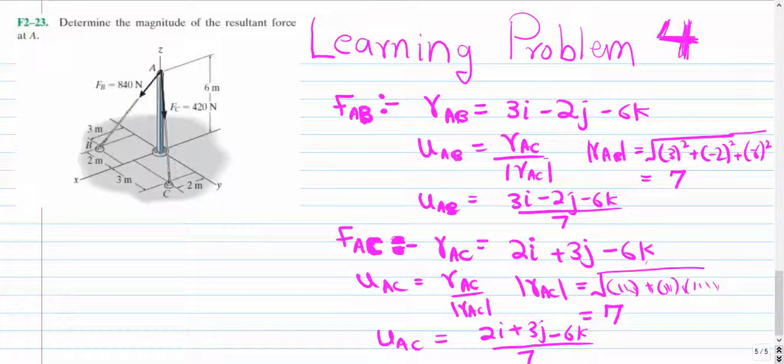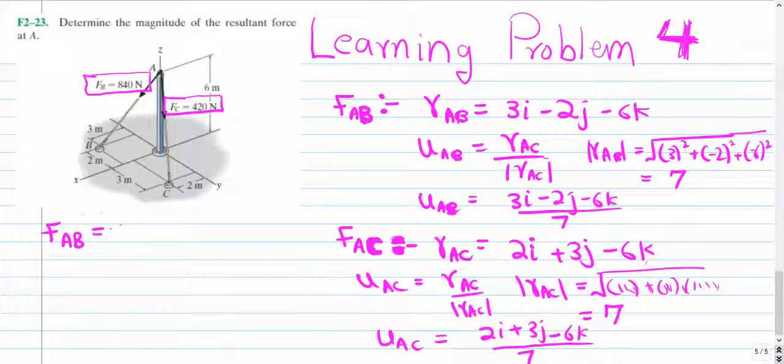Now that we have unit vectors for both FAB and FAC, we can move to finding the force vectors themselves by just multiplying the unit vectors by the magnitude of the force. And you will notice the question has provided us with the magnitudes of those forces. FAB is 840 while FAC is 420 newtons.